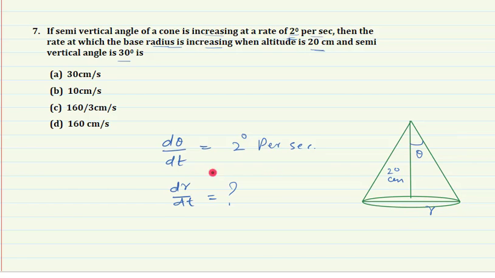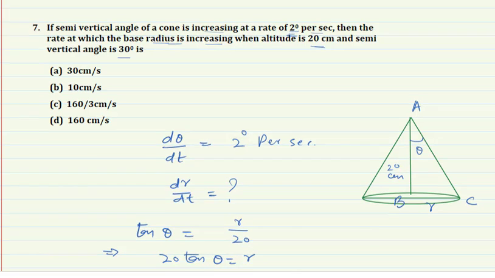Okay, so from here ABC is a right triangle. So we can use trigonometry to calculate the relation between theta and r. So clearly we'll go to the relation of tangent. So here tan theta is equal to r upon 20. From here you are getting 20 tan theta is equal to r.